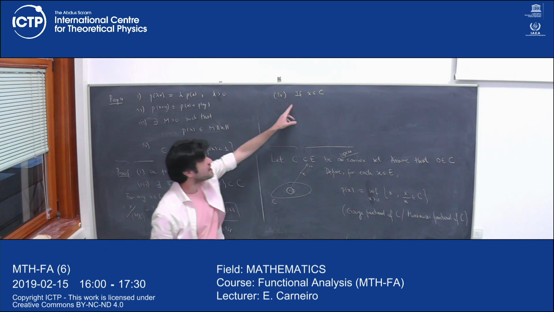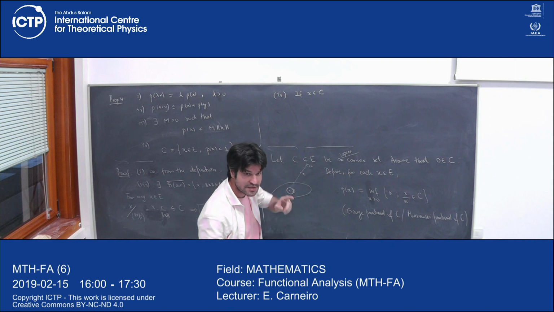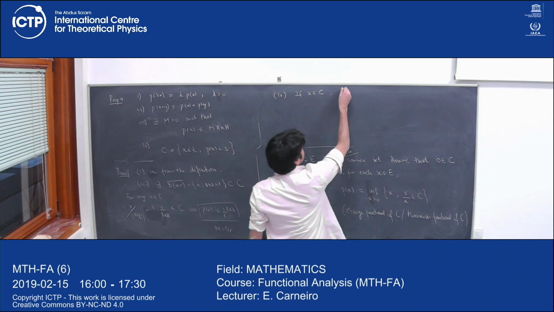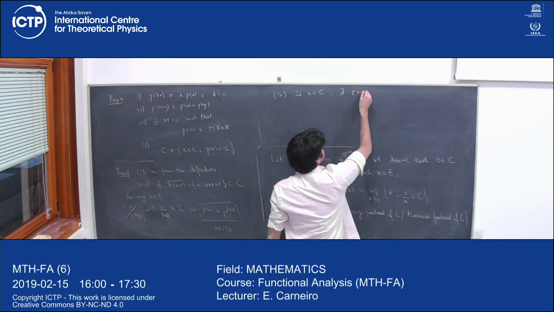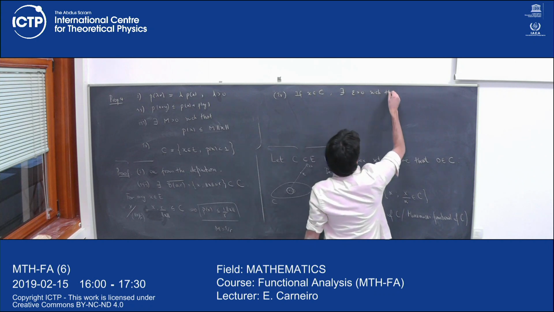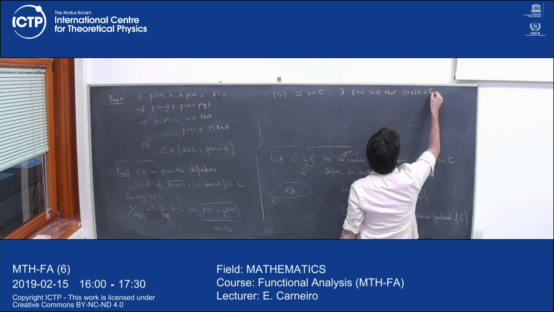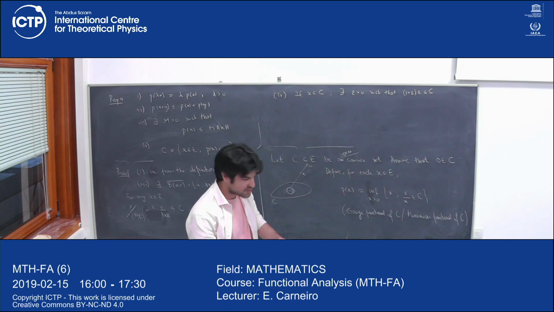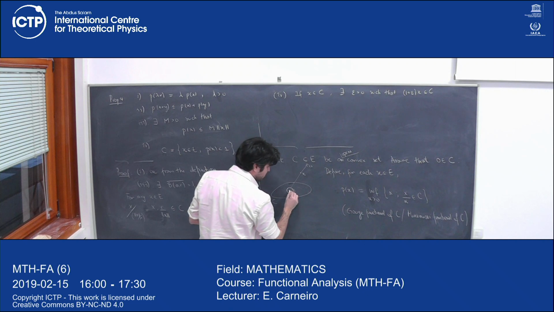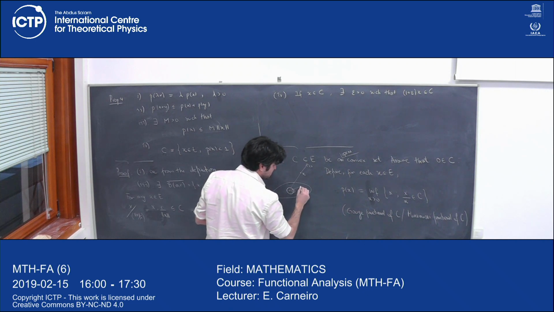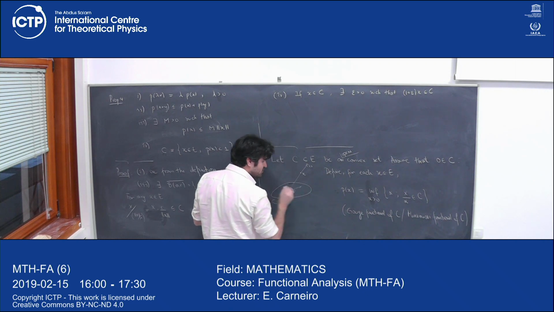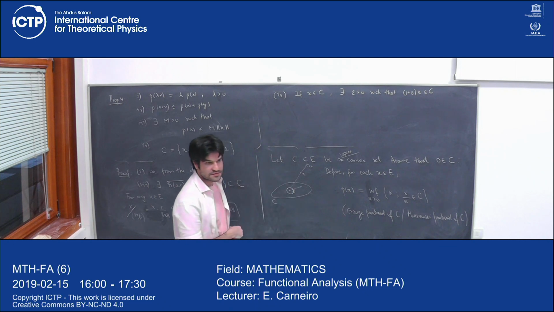So if x belongs to C, since the set is open, there exists an epsilon bigger than 0 such that 1 plus epsilon times x still belongs to C. Do you agree? So I can just multiply, dilate a little bit, right? So if x is a point in C, since it's open, I can just go a little bit more there.